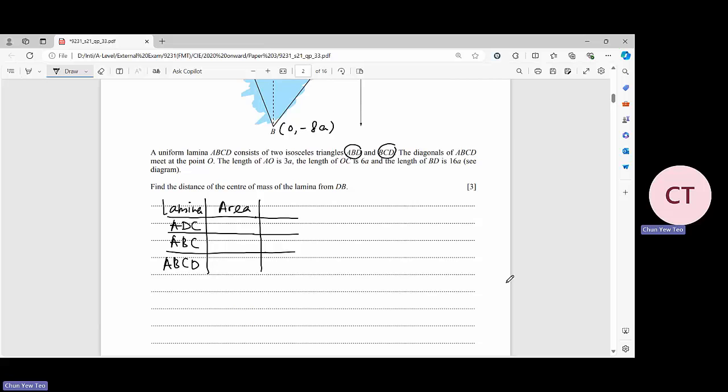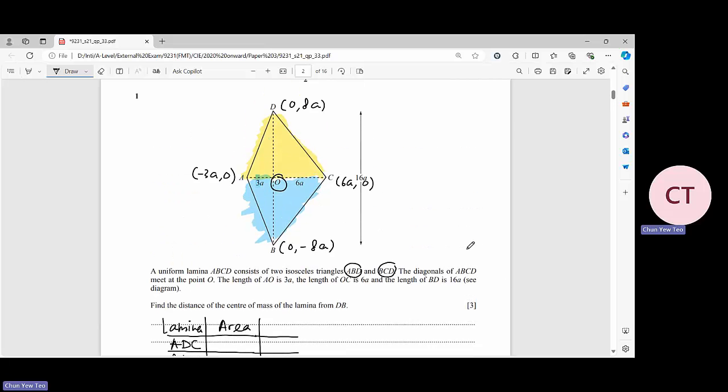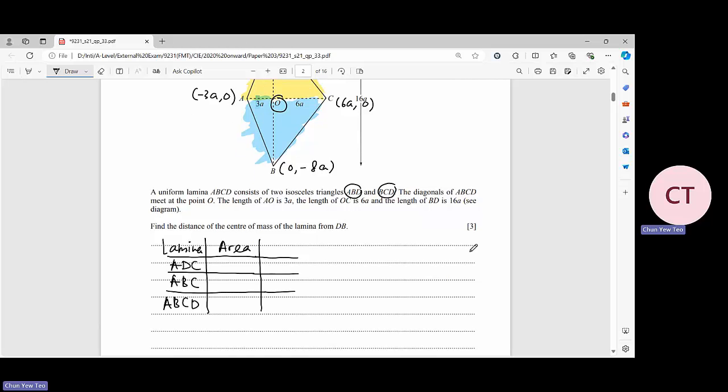The area is half times the base times the height. The base is 9a, the height is 8a, so you have 36a squared. Same area here because they are the same size. Joined together, you have 72a squared.